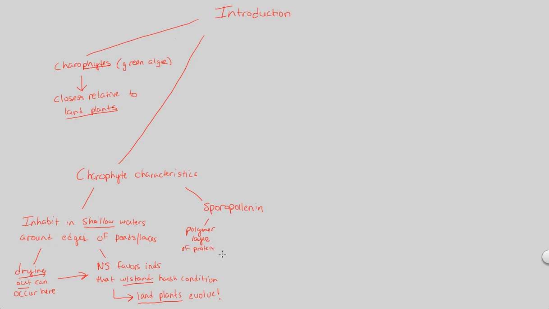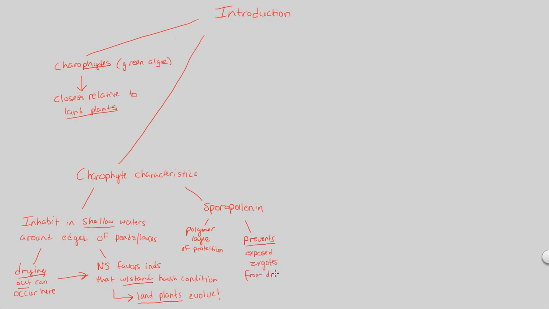Okay? And we know that protection is a big important part of any survival and reproduction of any organism. And the key idea about the sporopollenin is that the protection is specific to a very important part. The sporopollenin prevents, that's the key here, it prevents exposed zygotes from drying out.